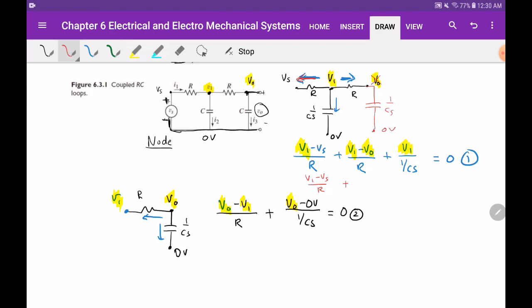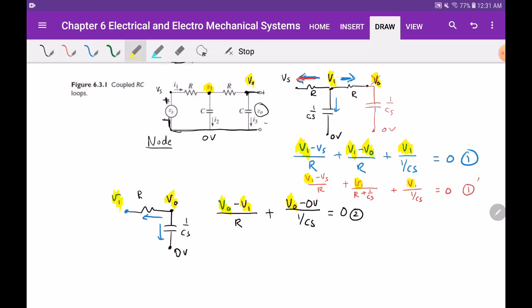So this becomes V1 divided by, now you have a resistor and capacitor in series, so you just add them together, R plus 1 over CS, plus V1 divided by 1 over CS equals 0. I'm going to call it equation 1 prime. This equation is better than equation 1 because there's only one unknown.